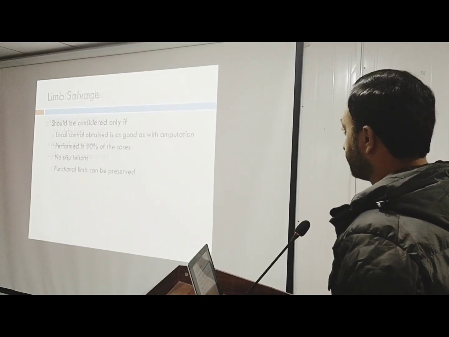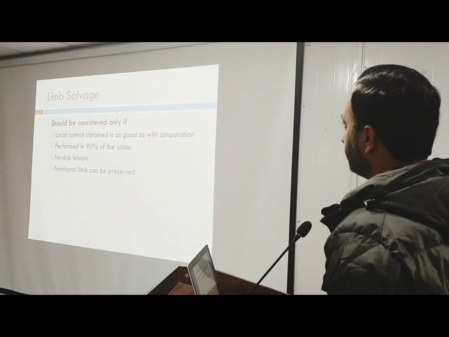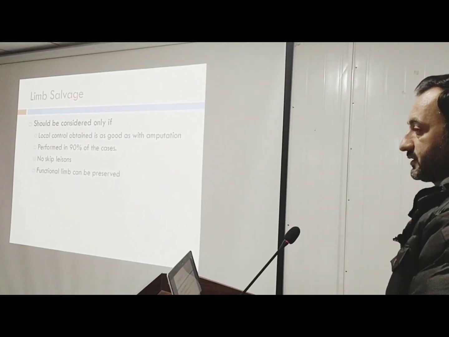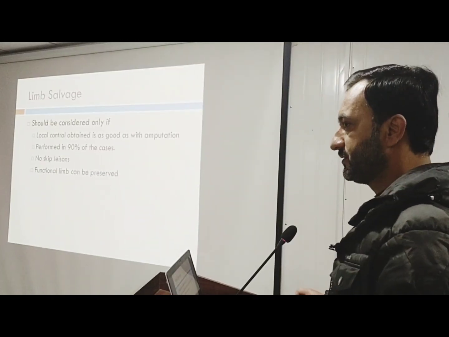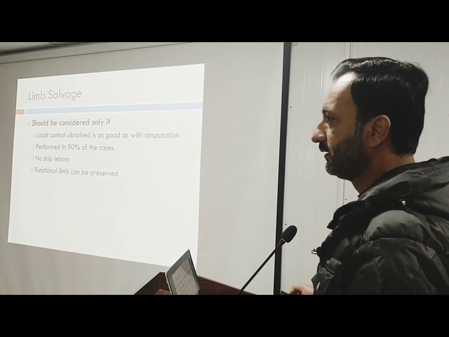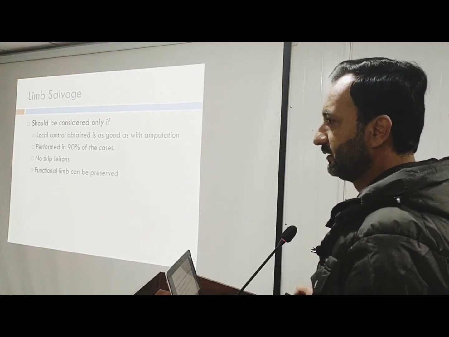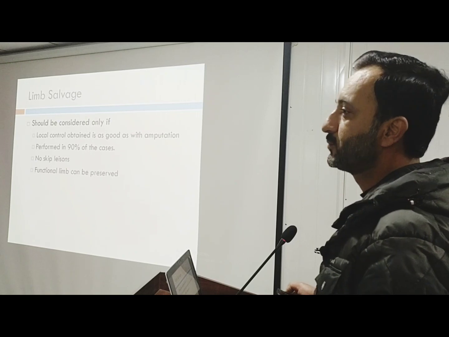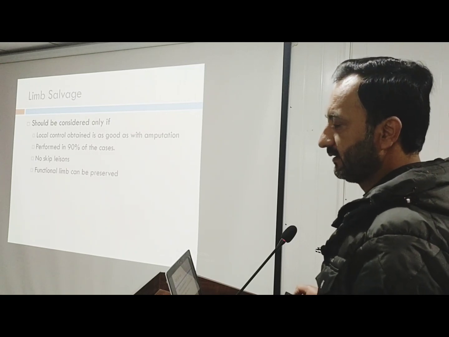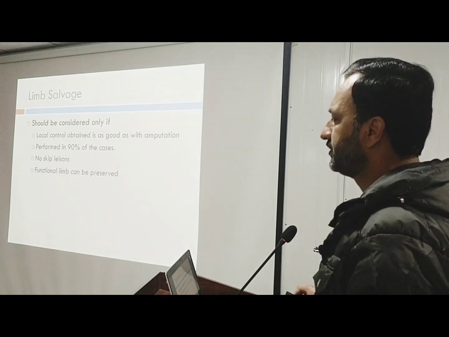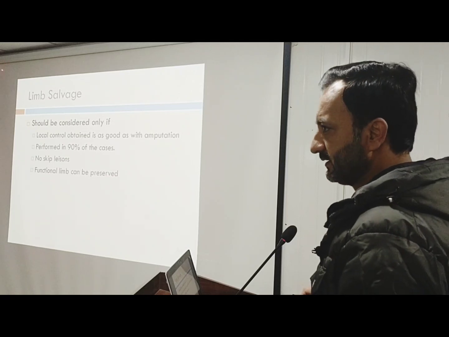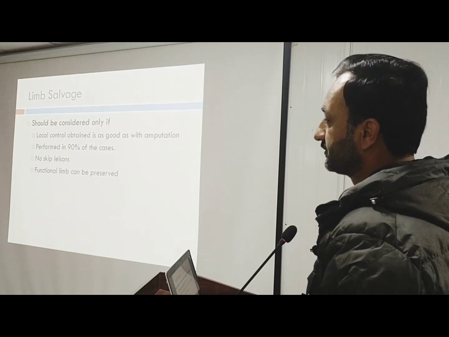Local procedures, as we discussed already. So limb salvage surgery, like wide resections. We have 3 types of treatment in osteosarcoma. Number 1, limb salvage surgery. Number 2, amputations. And number 3, we do have endoprosthesis or prosthetics, allografts.